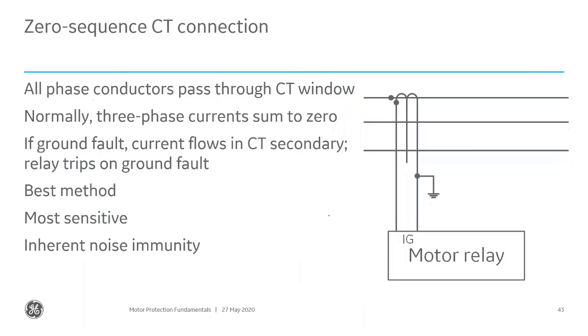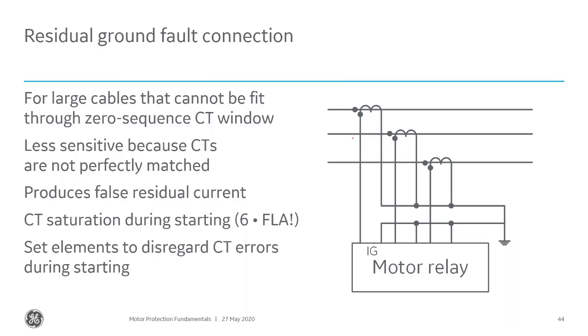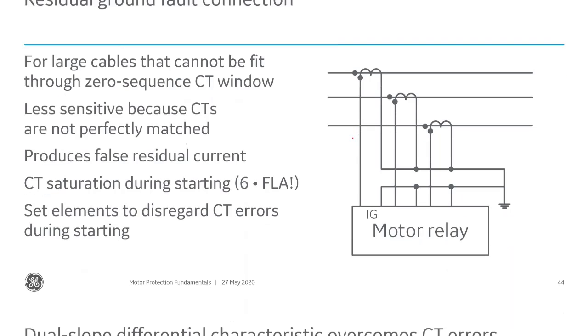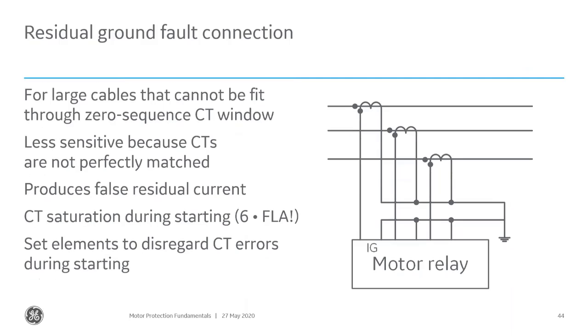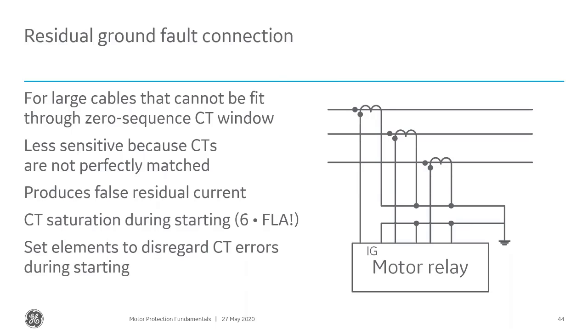So my next type of ground input is this residual ground fault, or residual ground protection, right? So this is the wiring I show here.